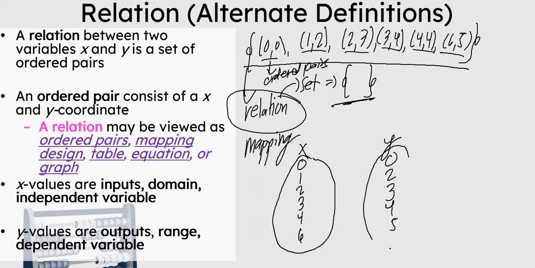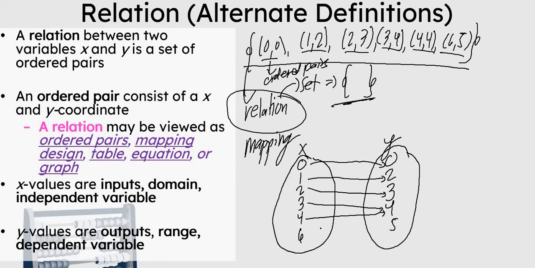And we also encircle them as well. Now, we're going to connect the x coordinate to its corresponding y coordinate. So that's 0 to 0, 1 to 2, 2 to 3, 3 to 4, 4 to 4, 6 to 5. It's fine, since 4 is repeated, we can only write it once and just connect its partners to it. And this is what we call a mapping.